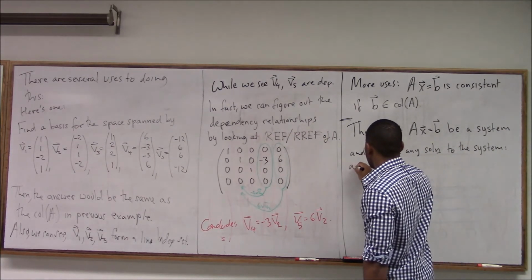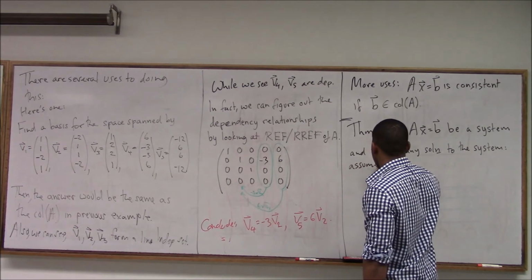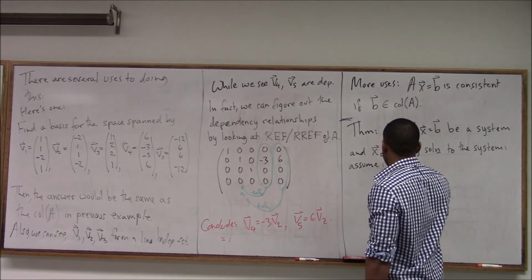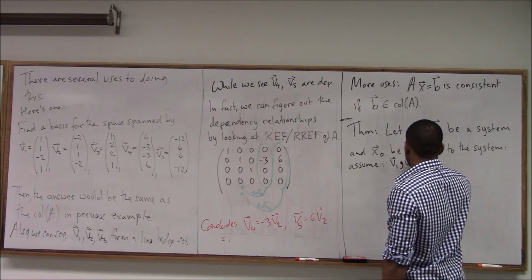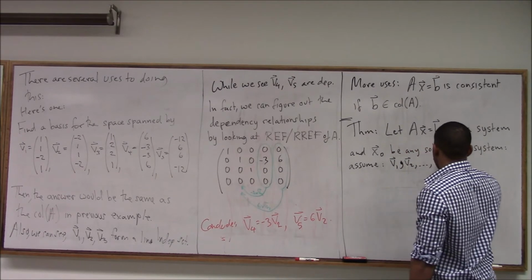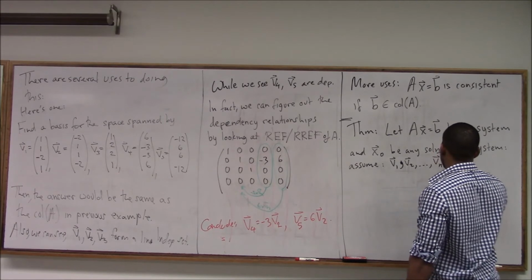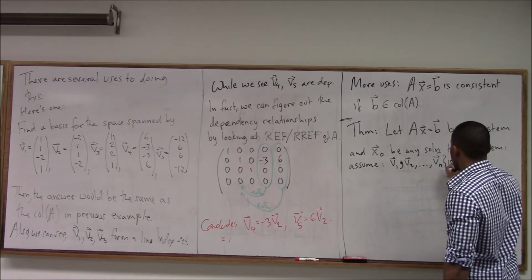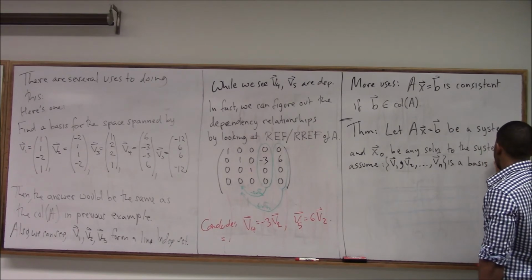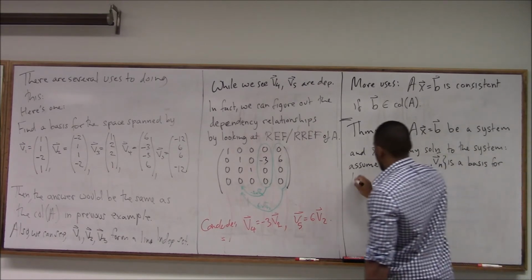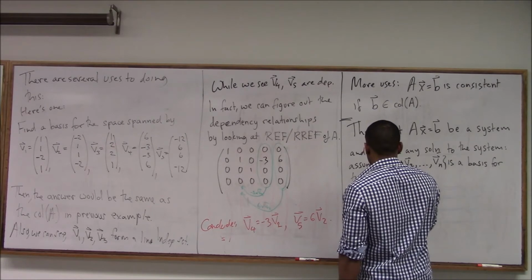And furthermore assume that say V1, V2, Vn is a basis for the null space.